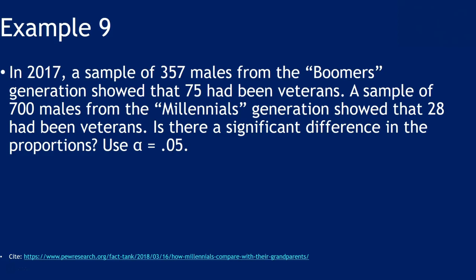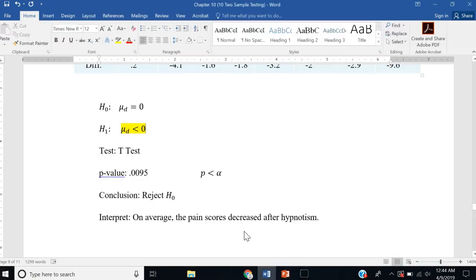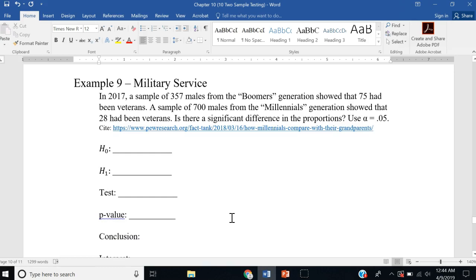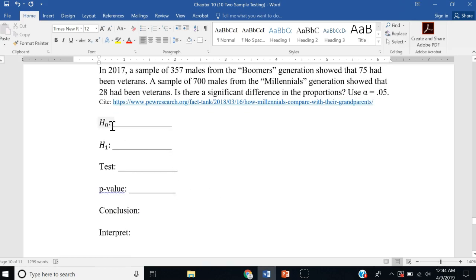All right. Now, one thing I will do here before I get too carried away on my calculator is set up my null and alternative hypothesis. We know we're dealing with proportions, so we know that's our test.